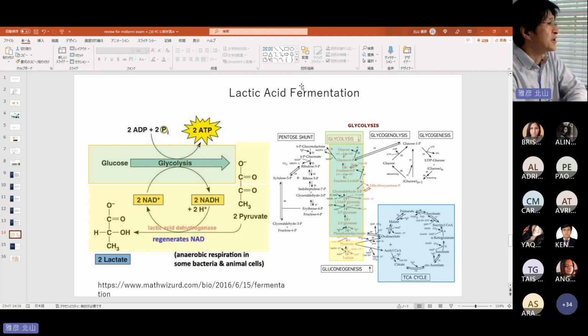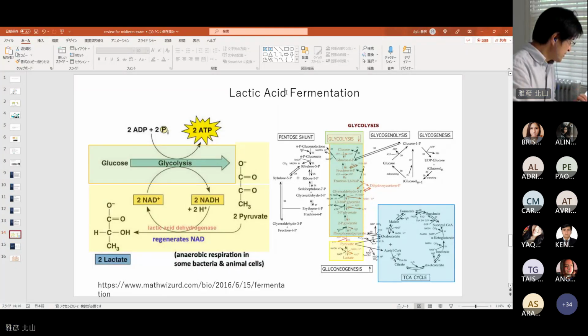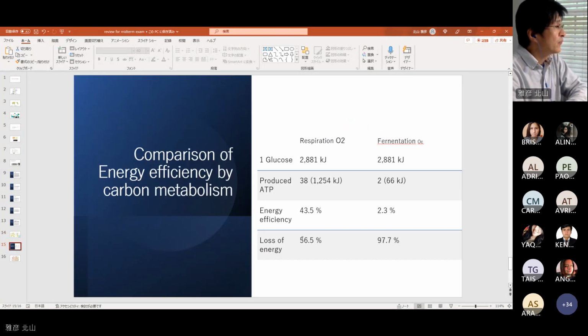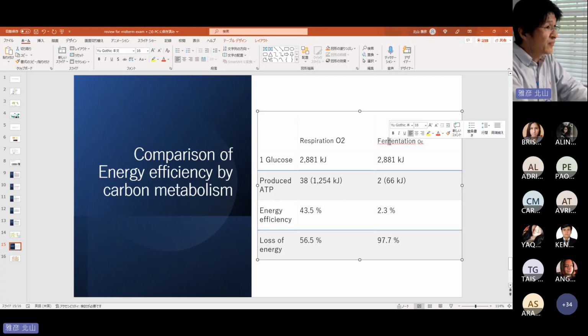This is another question. This is the slide showing some information. The energy efficiency, fermentation, O2, small amount of water.